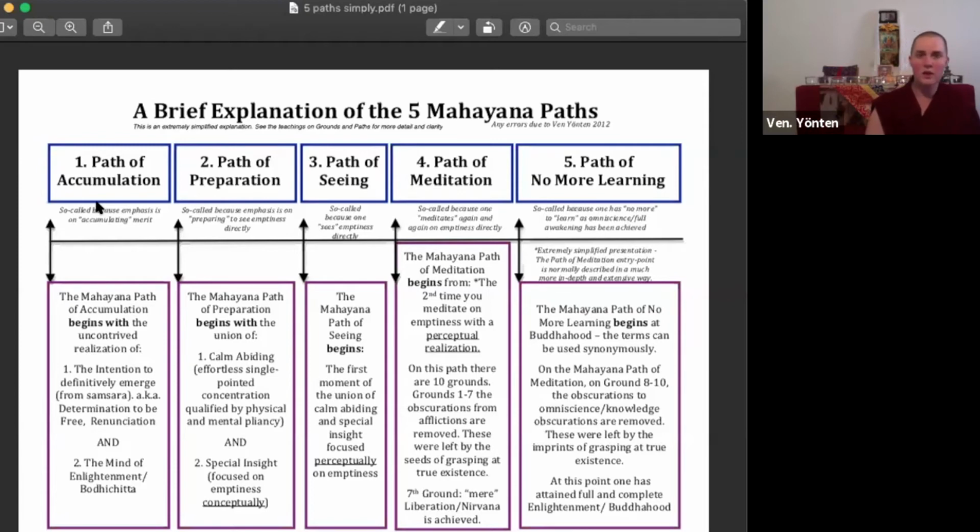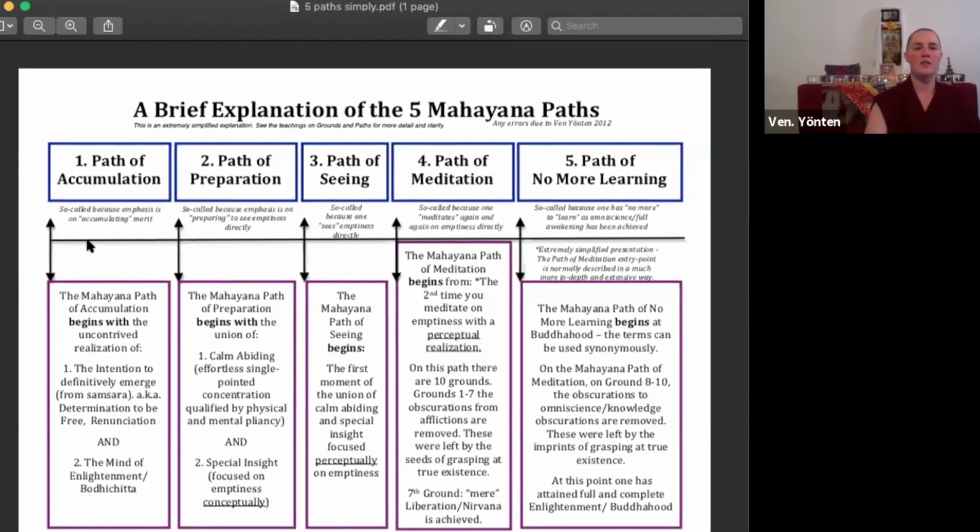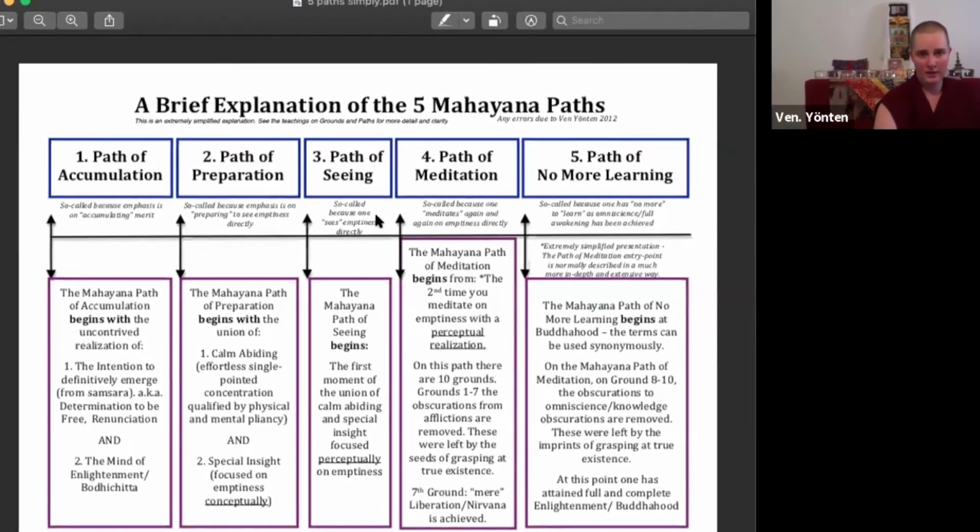So this is a very brief explanation of the 5 paths, but as you look at it, what comes to mind, things that you've been meaning to ask or things that you found interesting? If you read these sections in italics, it helps you understand the names of each of them.